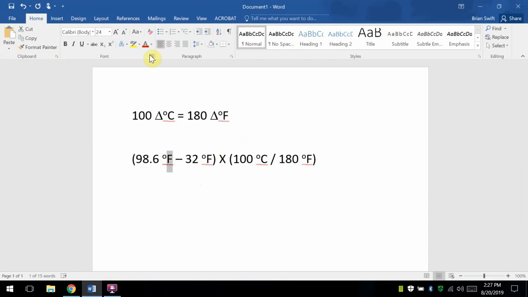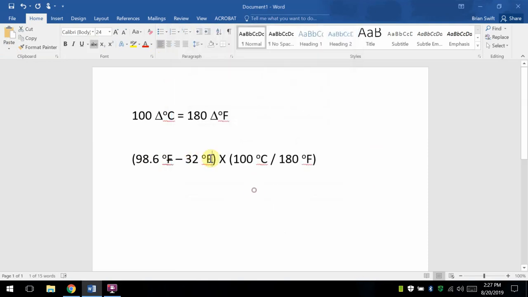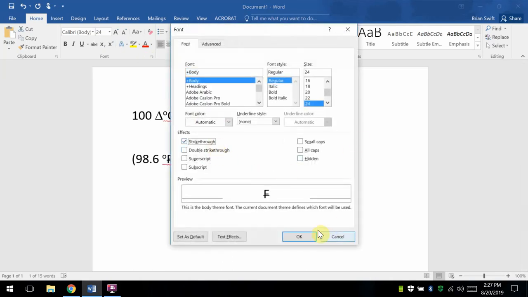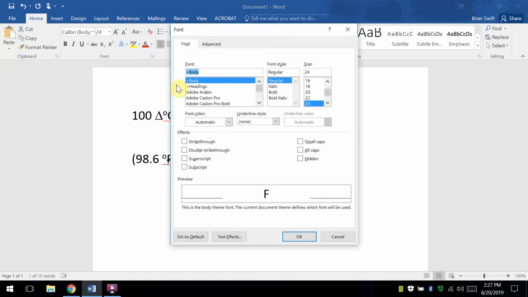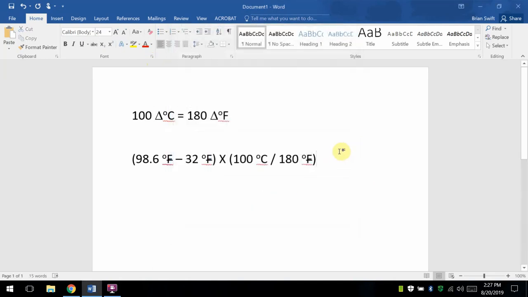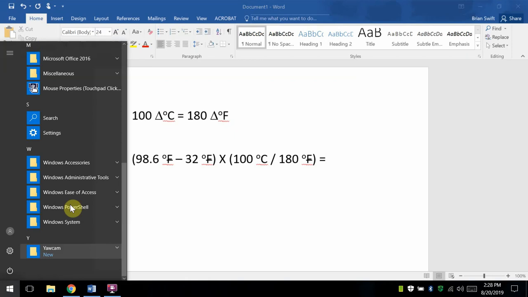Let's see. We're going to go strike through. Okay. Strike through. Okay. And strike through. And so what we're going to end up with is a temperature in Celsius. So let's pull up the calculator and actually do that.